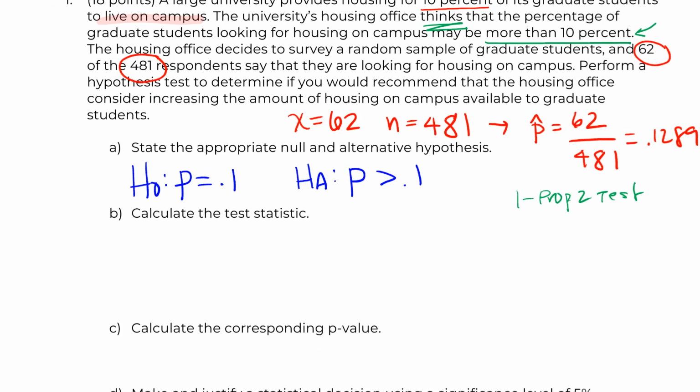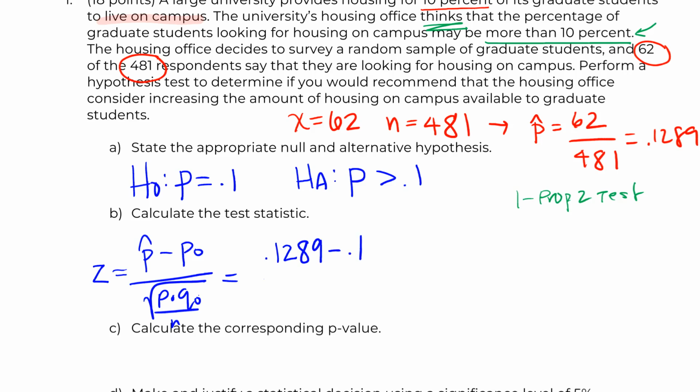This is where I'm going to go to my formula sheet. Proportion hypothesis test is going to give me this formula. Which would give me 0.1289. How different is that from 0.1? Need a standard deviation.